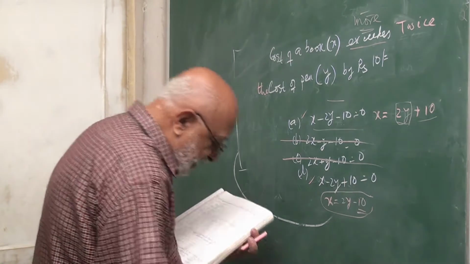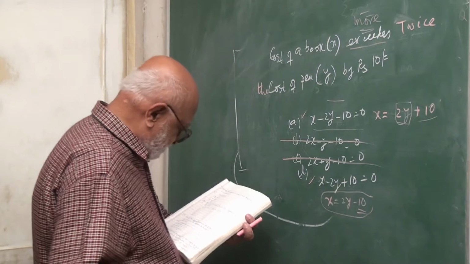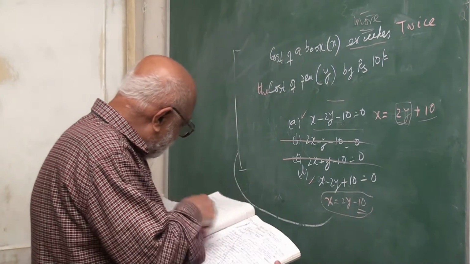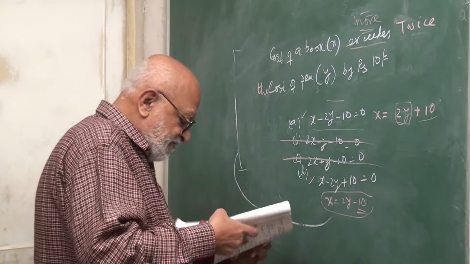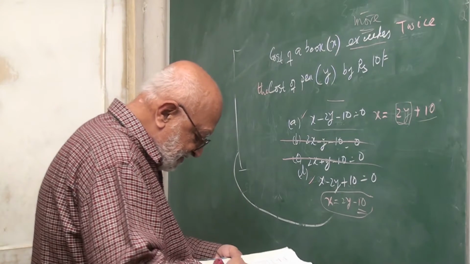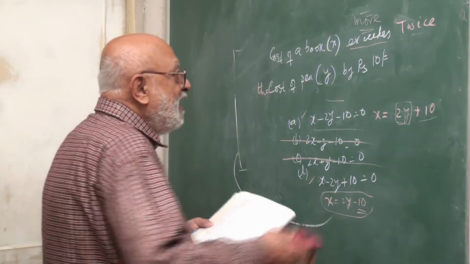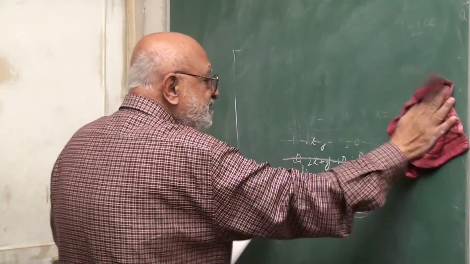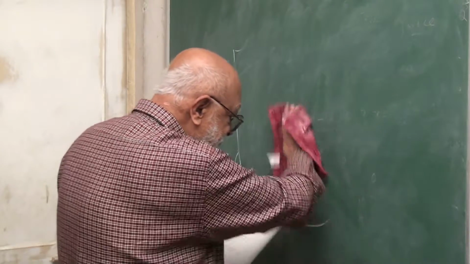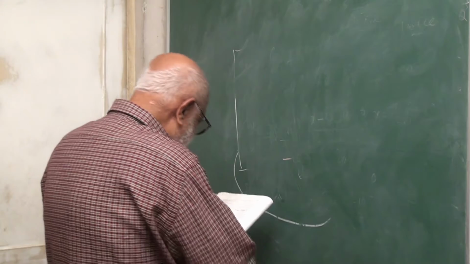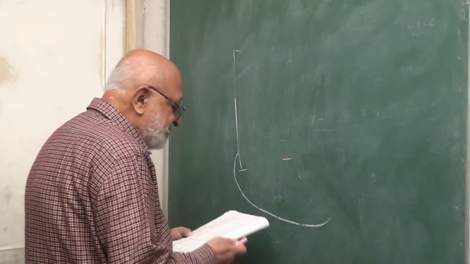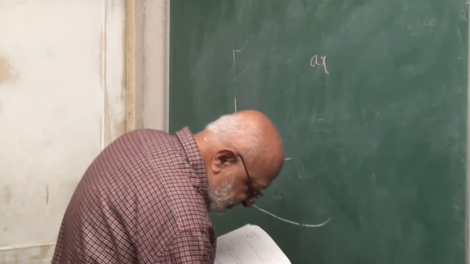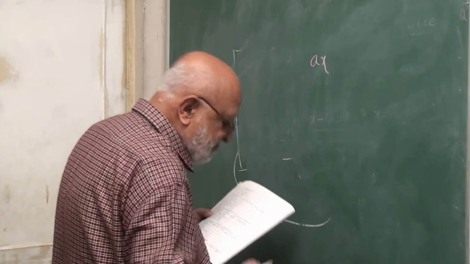Okay, I think we have already done number 1. There is a technical question that I will do, and this is a little bit important. This you have to understand carefully. It says the standard equation, what is the standard?